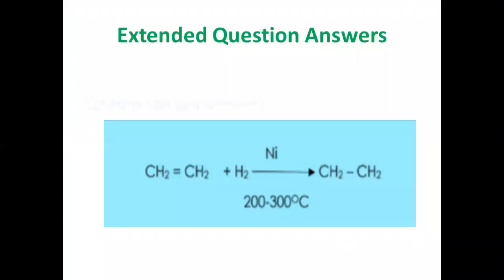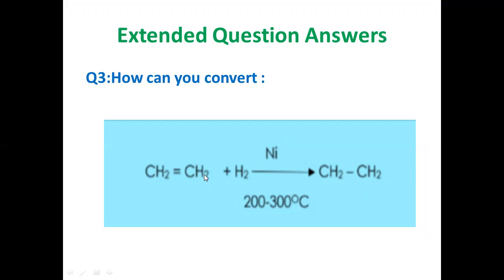Extended question answers. Question number 3. How can you convert ethene into ethane? As you can see that in this case, the double bonded carbon containing hydrocarbon is called ene, that is alkene.